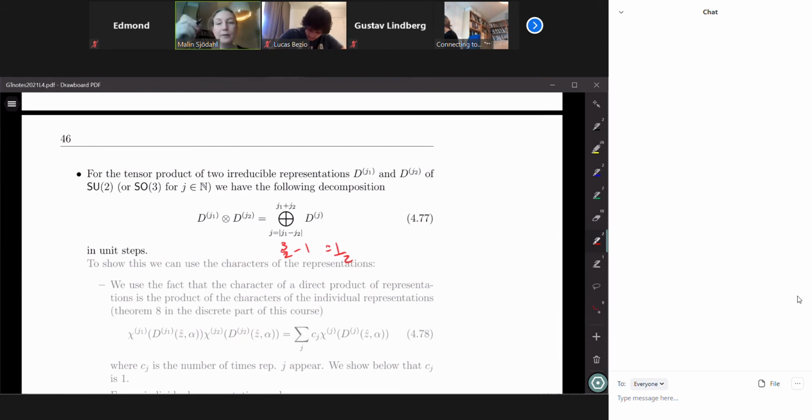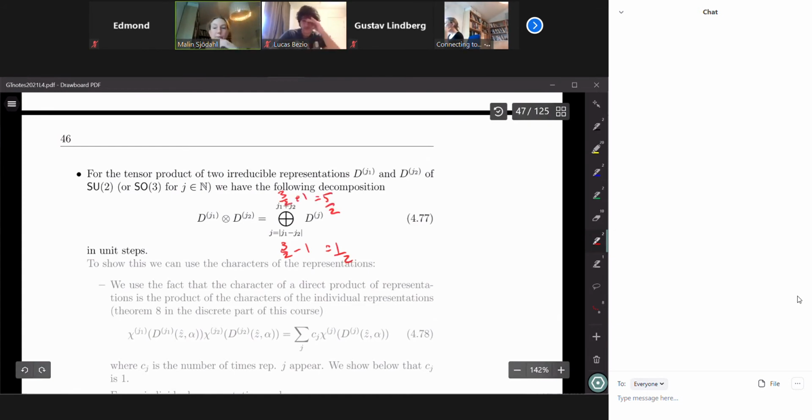We found no spin 0 representation. It runs up to j1 plus j2, so 3/2 plus 1 equals 5/2, and this is indeed what we found. And if you look at this, you see that there is no coefficient in front, so we only have this representation for each possible j value appearing once.